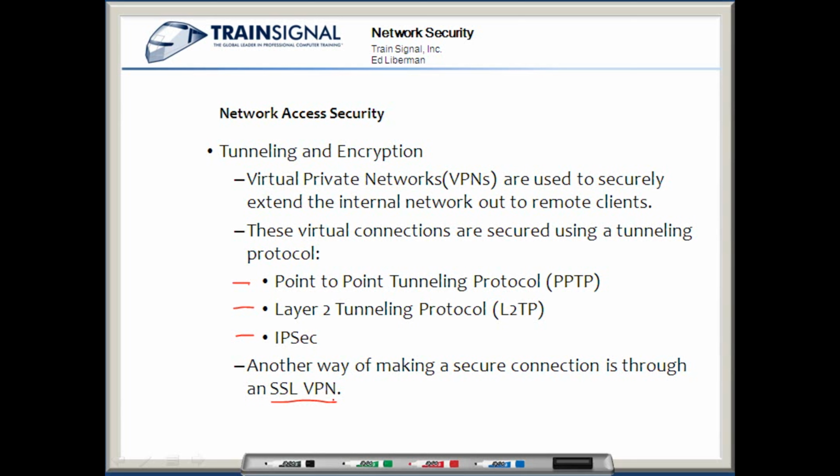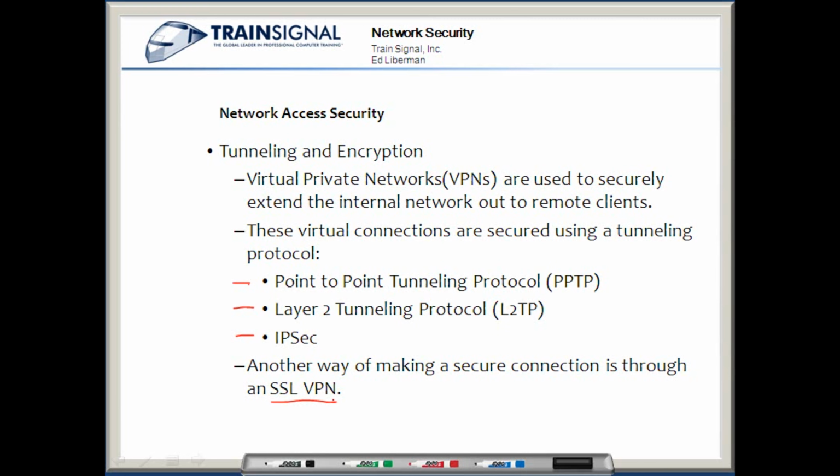Now, typically, this is not something that you will necessarily have to specifically set up unless you have a specialized web application that's going to make use of the SSL VPN functionality.